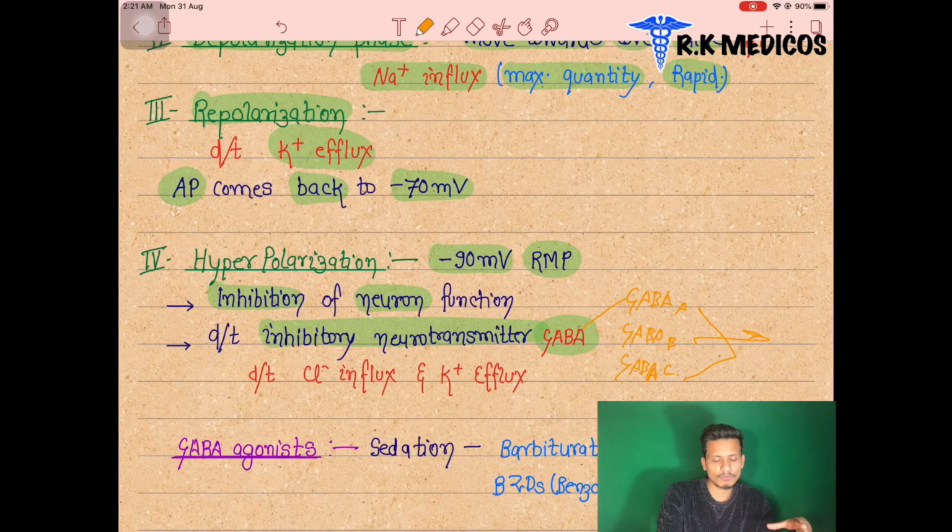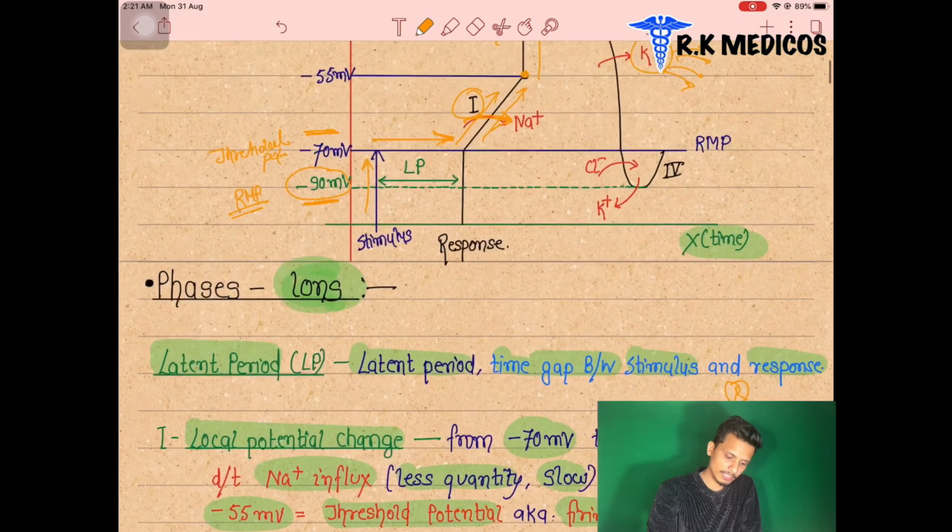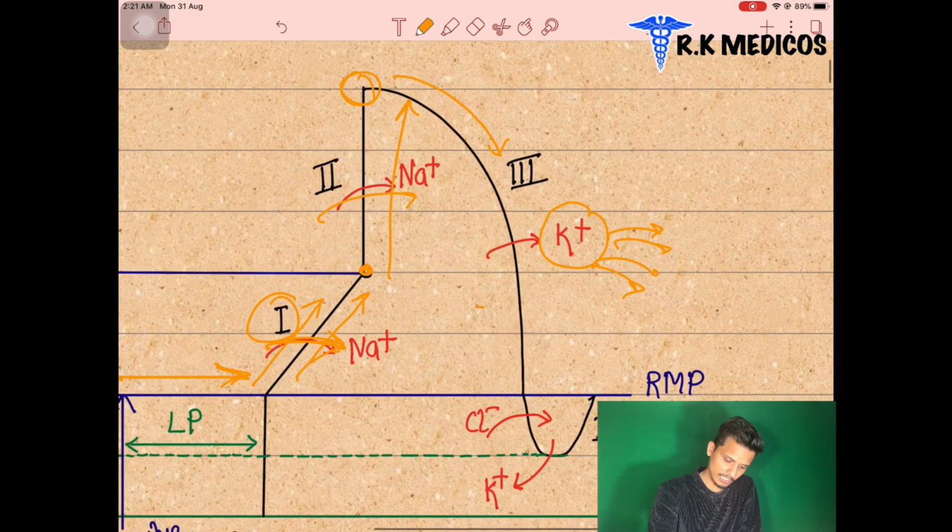These receptors perform their function through different types of channels, maybe ion channels, that is chloride channels. Therefore, due to chloride influx and potassium efflux, hyperpolarization is attained. How is it attained? Inside the cell, potassium is moving out, which means positive charges are moving out, so negative charges are produced inside the cell.